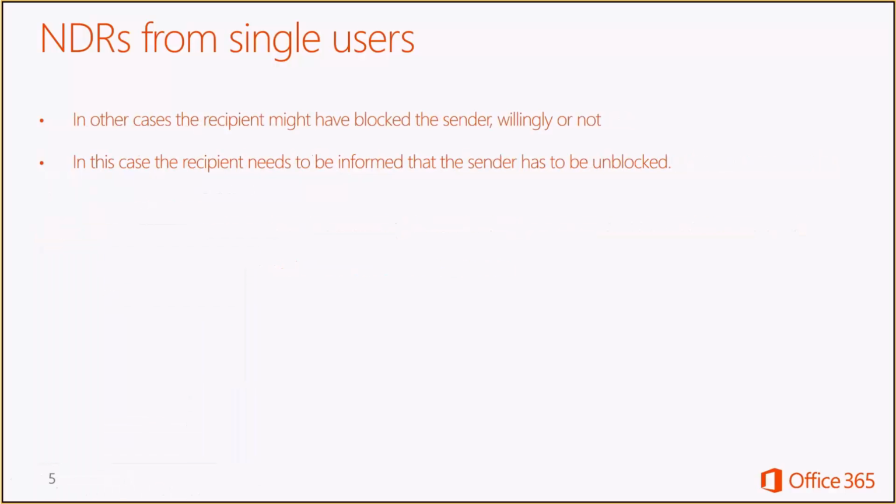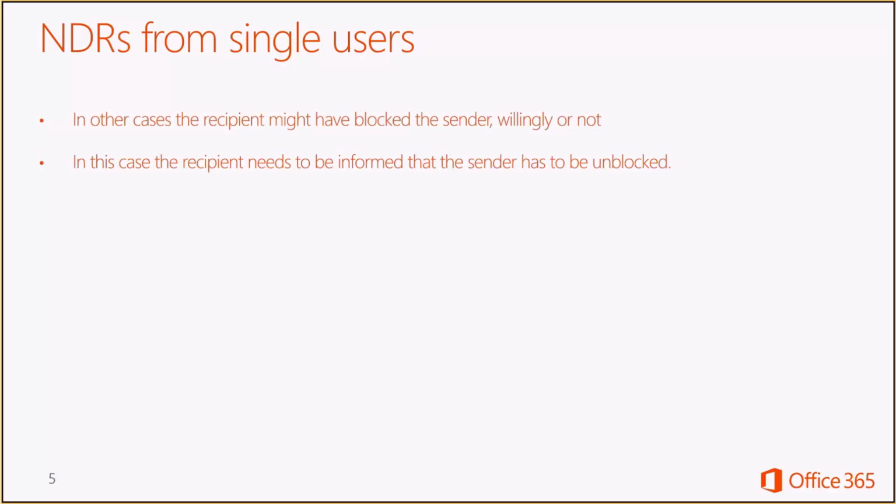Okay. Now, not all cases are this simple. There might be situations where the recipient accidentally blocked the sender. Usually this will result in the original email being marked as spam or junk and not necessarily rejected, but there may be cases where the email is actually rejected.